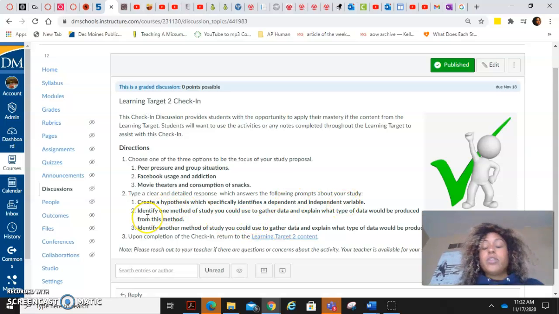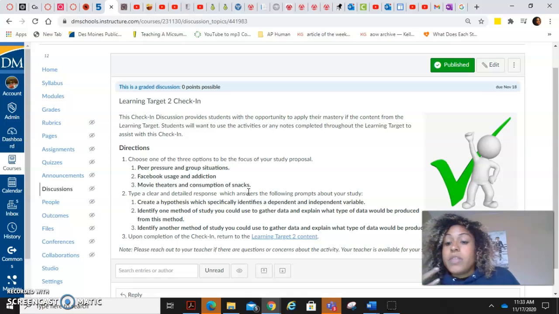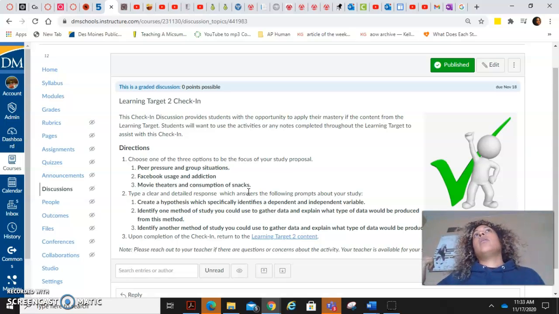Next, after you have created your hypothesis, so for instance, let's say I'm going to do movie theaters and snack consumption, my hypothesis could be something like, couples going to the movies on date night spend more money at the concession stands buying snacks than families. Something like that, okay?